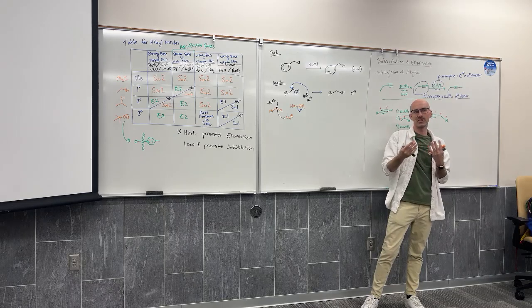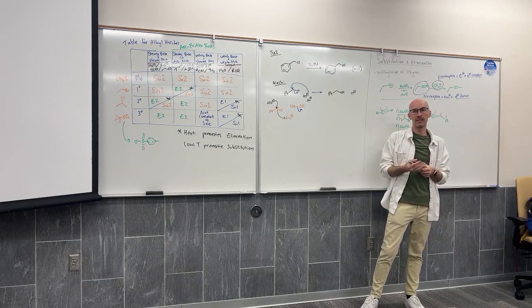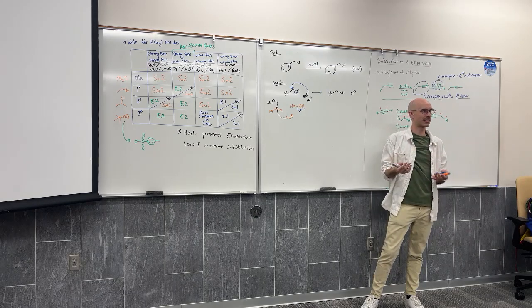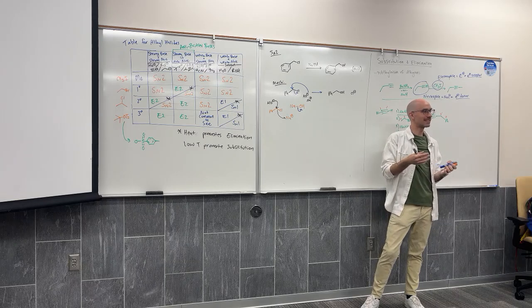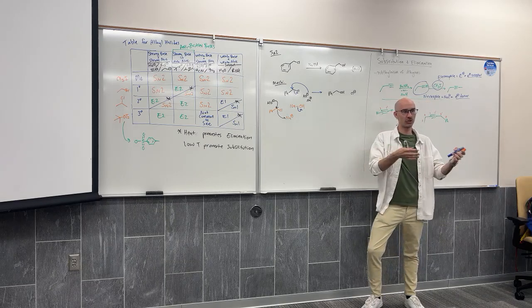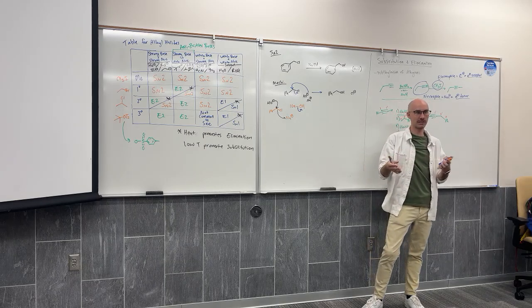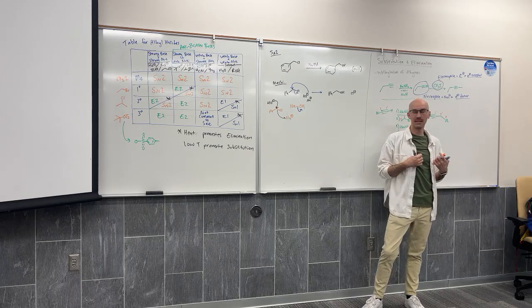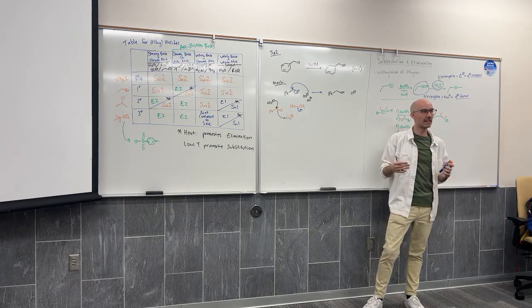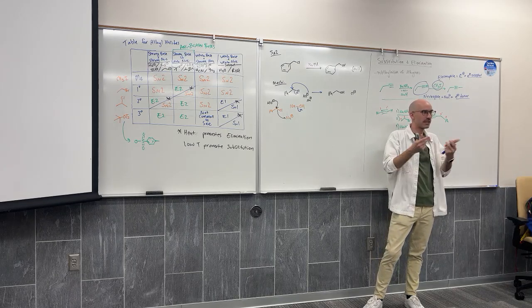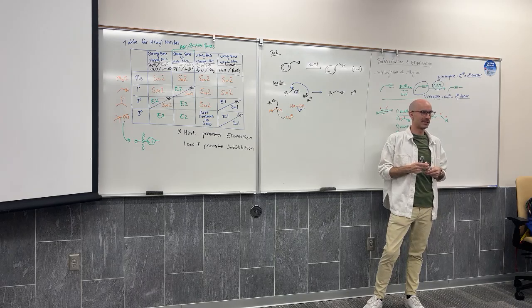You can't use electron arrows to show ionic interactions because electron arrows show covalent electrons being shared or taken, and ionic bonds don't have any electrons shared. So you can't use arrows to show an interaction between ions.